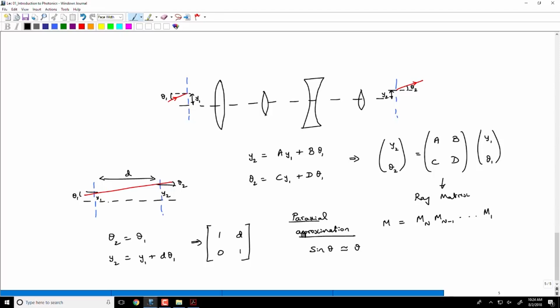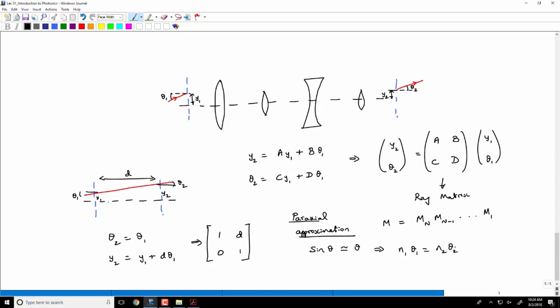Snell's law says n1 sin theta 1 equal to n2 sin theta 2, but you do not want to put all these sin cos things within this matrix. So, Snell's law will become n1 theta 1 equal to n2 theta 2 in the paraxial approximation. Okay. Then it is easy to form a corresponding matrix and then go through this thing.